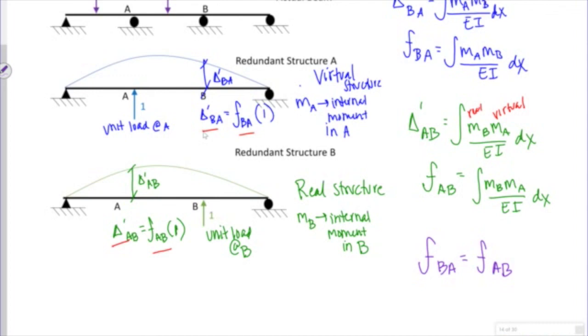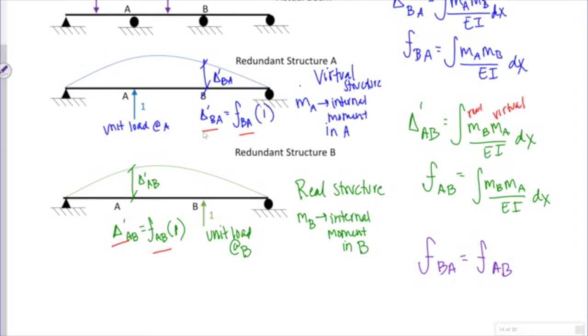Right? My flexibility at B due to a unit load at A is equal to my flexibility at A due to a unit load at B. It doesn't matter where A and B are along the length, that's going to be true.